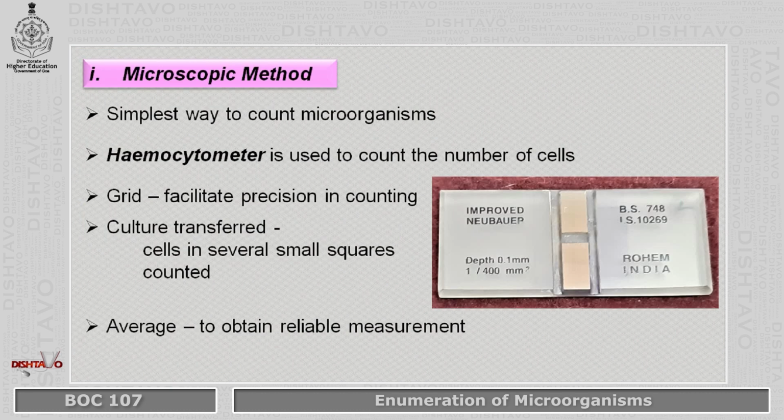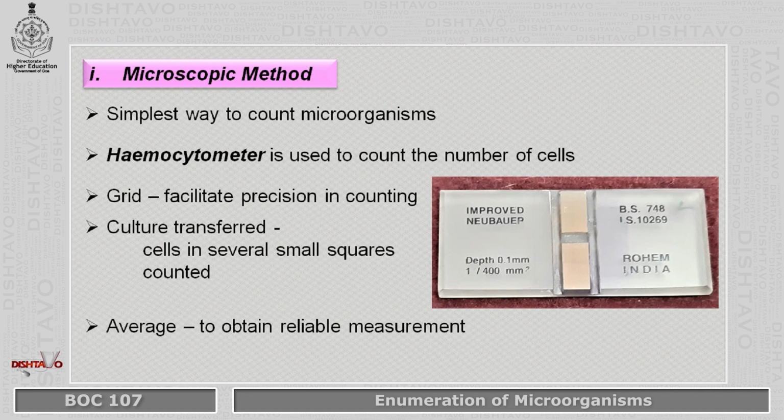So first, let us study the microscopic method. This is the simplest way to count microorganisms. In this, a special type of slide called the hemocytometer is used to count the number of cells. Now here we can see a picture of a hemocytometer.